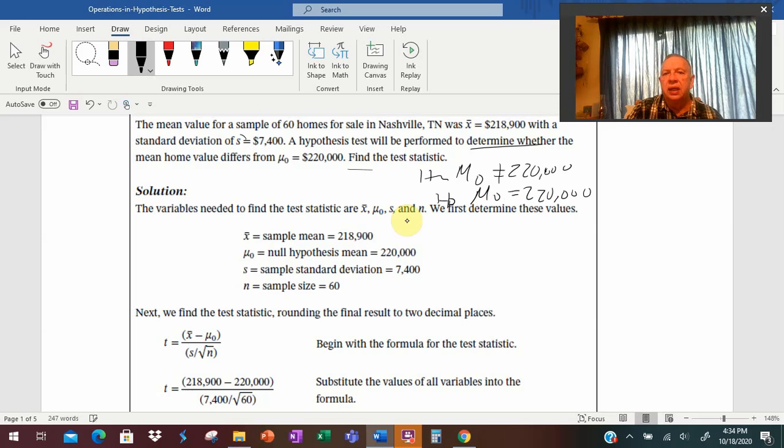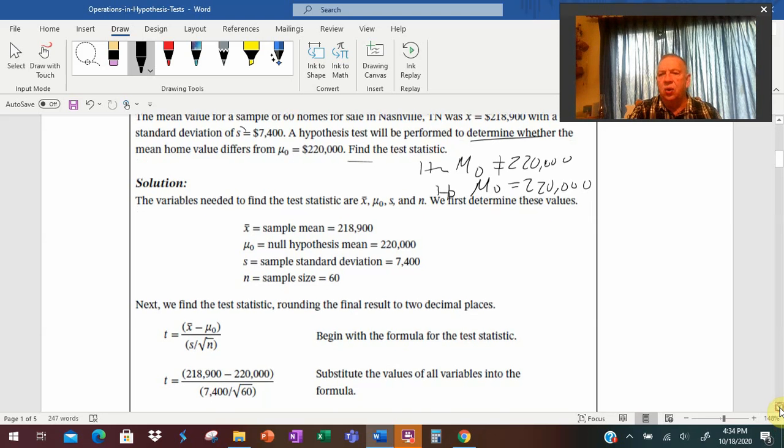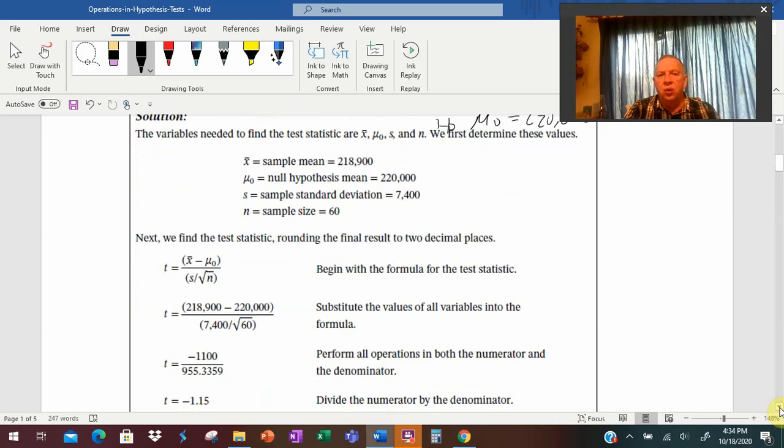H0, HA. And this would be a two-tail test if we worked here. Sample standard deviation, sample size, and then we set this up. We'll spend more time in class setting the whole thing up, but we just want to work on doing this test statistic. So now I've got everything I need.